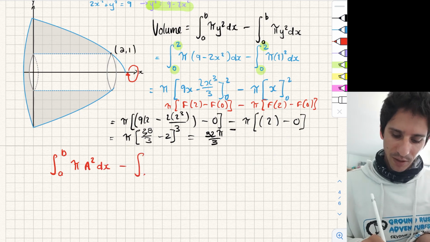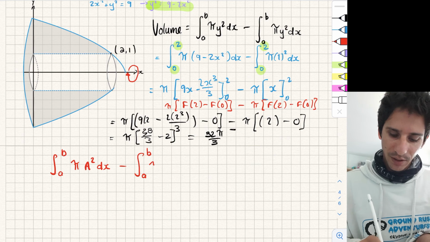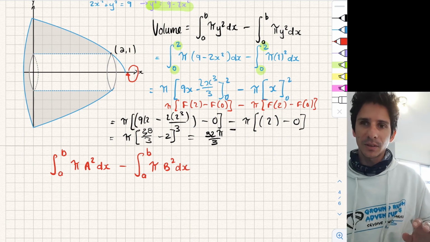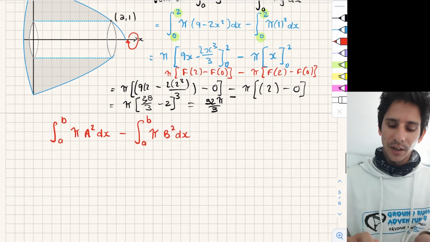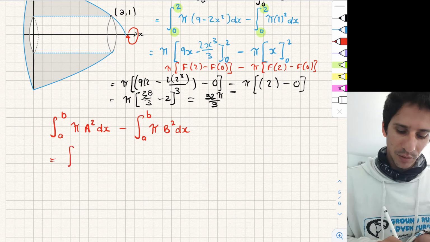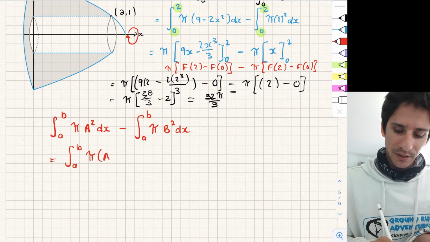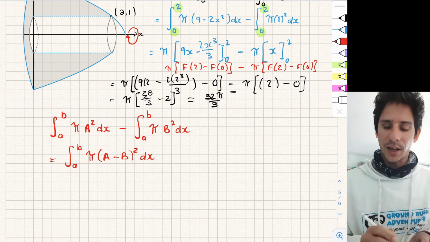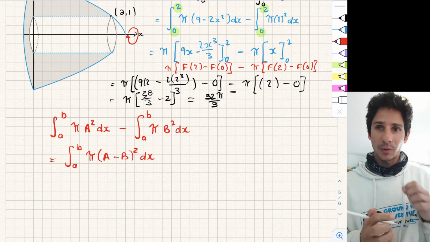And we're taking away the integral from a to b of pi times b squared with respect to x, calling my second function b. Again, I'm just making up names. These functions could be anything. Now, when we combined them with area, we assumed we could just go the integral from a to b of pi times (a minus b) squared with respect to x, because we're just subtracting the equations.